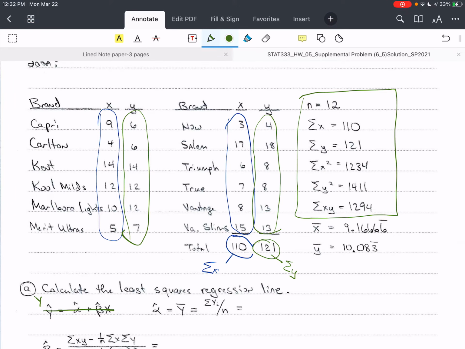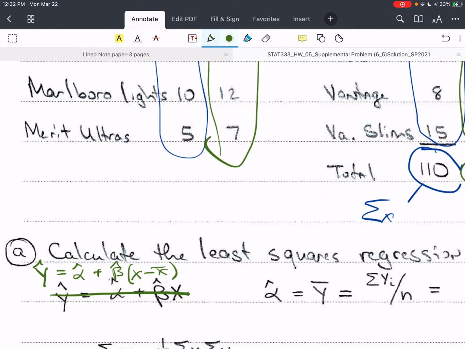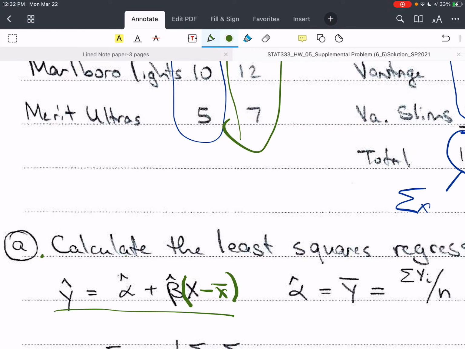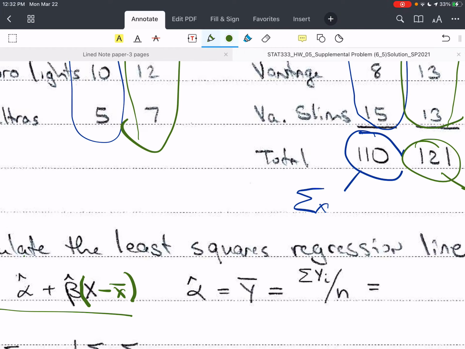In this course, our regression line is alpha hat plus beta hat times x minus x bar. I'm going to zoom in so we can see that a little bit better. That is the regression line we've used in this course. Okay? So first thing is alpha hat.